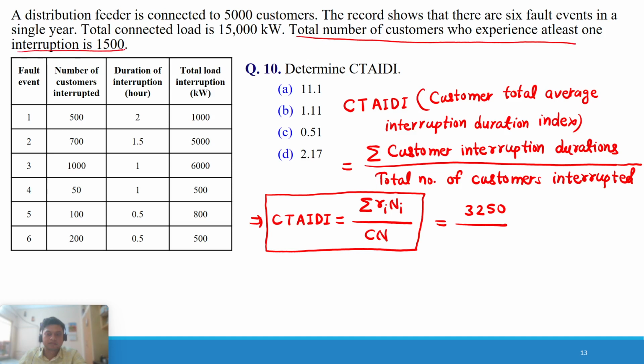We will not count a customer twice if interrupted twice; whoever experiences at least one interruption is counted once in CN. So CN is 1500.